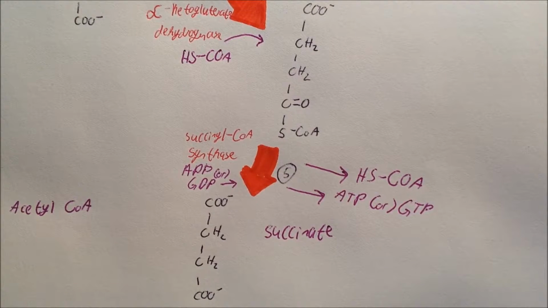So now the succinate molecule needs to be changed into fumarate. The enzyme succinate dehydrogenase allows this to happen. And also in this step, FAD is changed into FADH2.